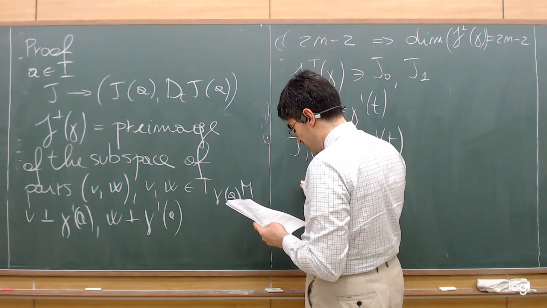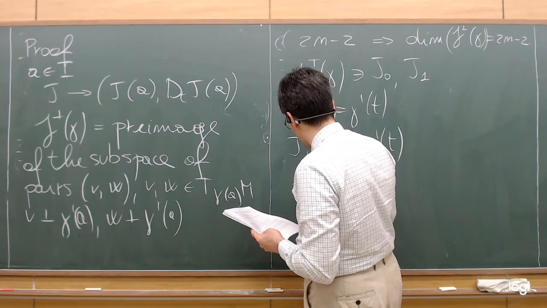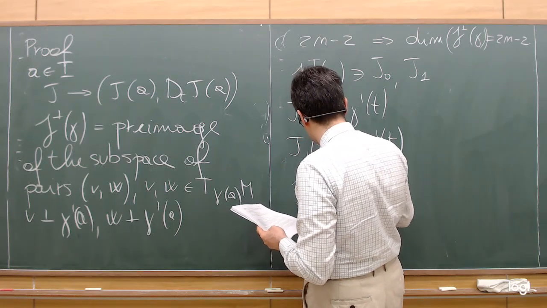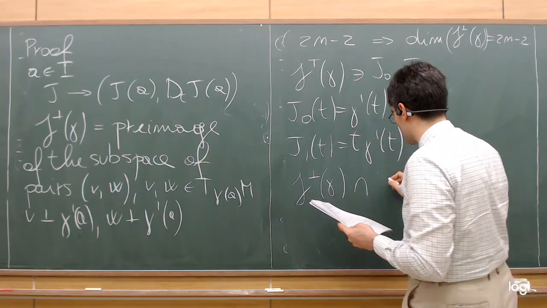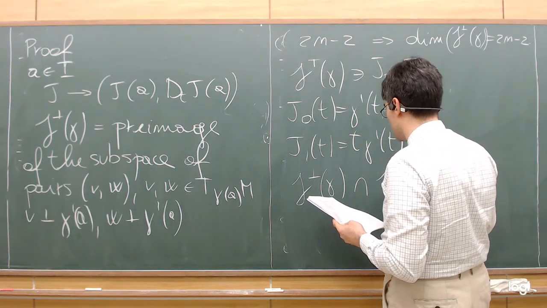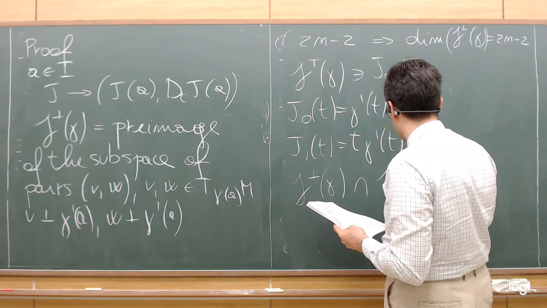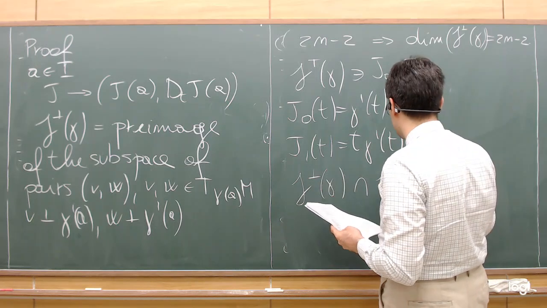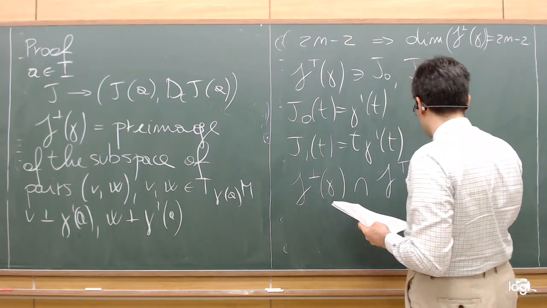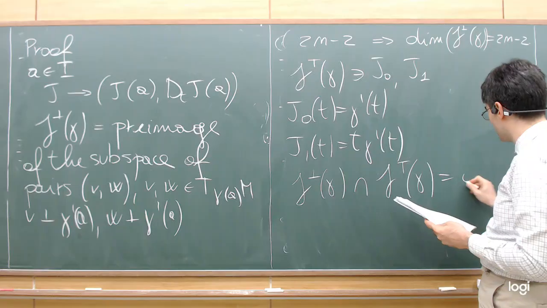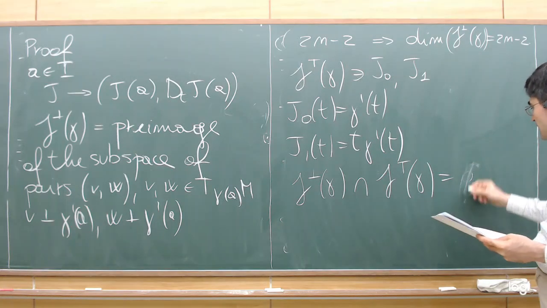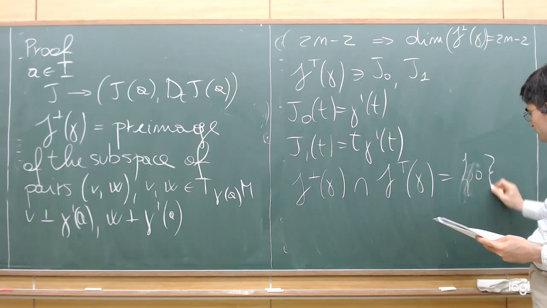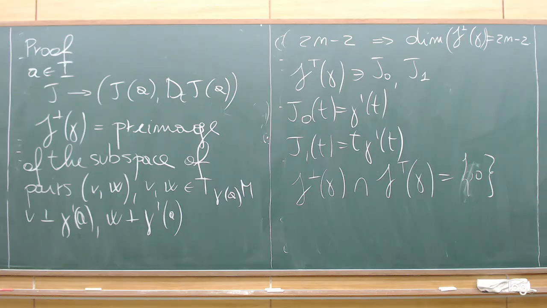We have also that the intersection of J orthogonal gamma and J tangent gamma actually contains only zero, sorry, I made a mistake.